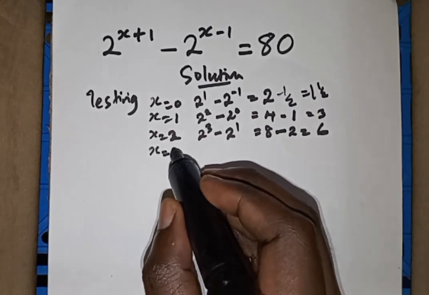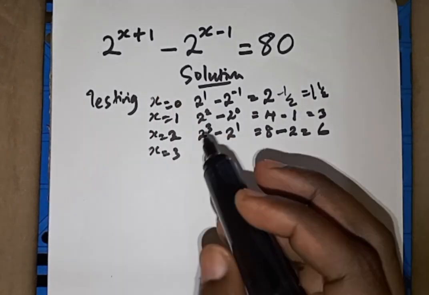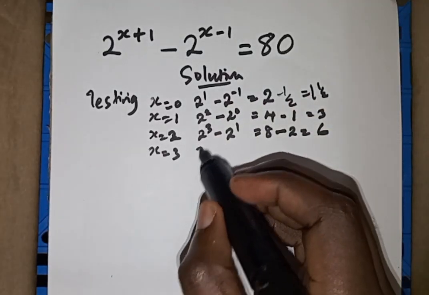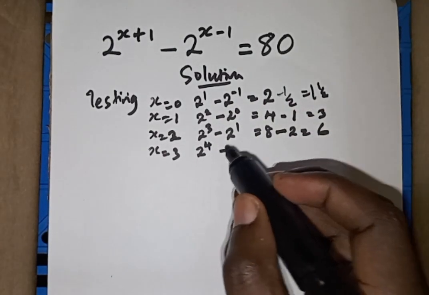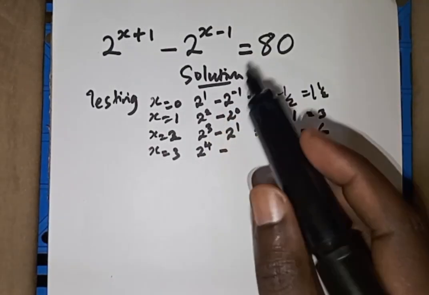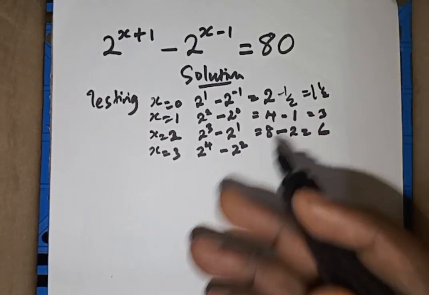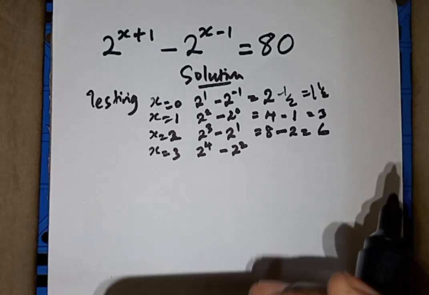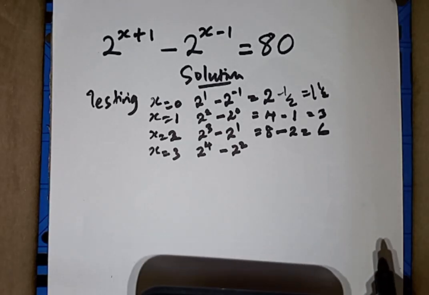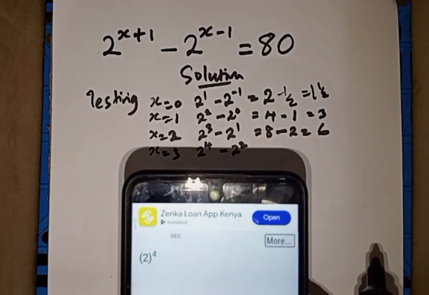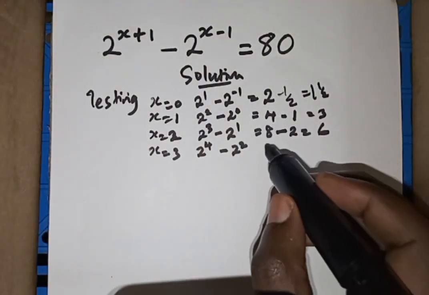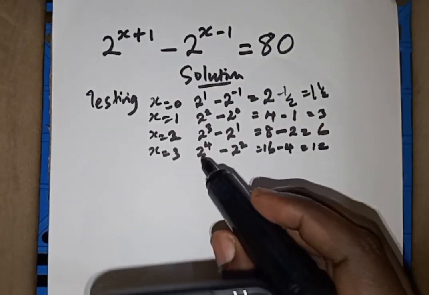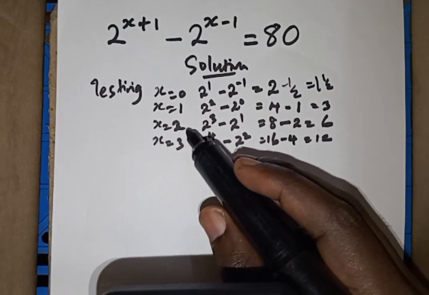When x is equal to 3, then that becomes 2 power 4 minus 2 power 2. 2 power 4 is 16, and 16 minus 4 is 12. So x cannot be equal to 3.